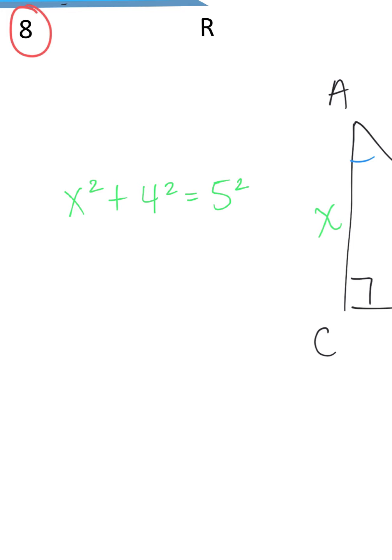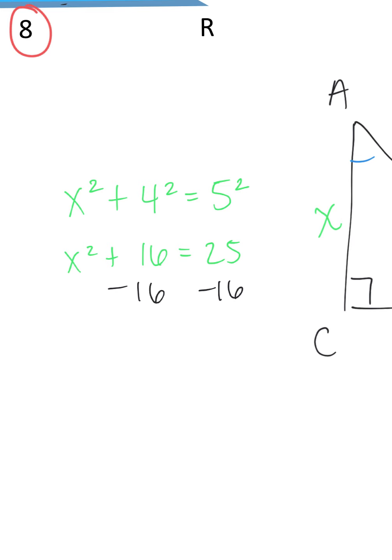So let's just solve for x. This is going to be x squared plus 4 squared is? Really, guys? Not 24. 16. And 5 squared? 25. How do we solve for x? Subtract 16.